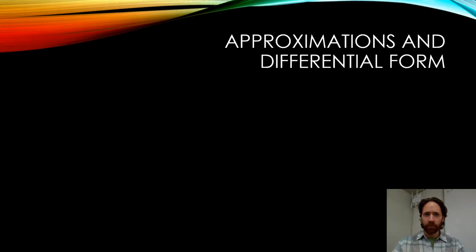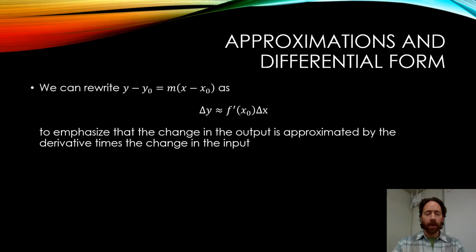And that should be something familiar. We've already done that in Unit 2. So if we want to use a new form to write this down, instead of writing y minus y0, that's really delta y, and x minus x0, that's really delta x. So here I'm using these squiggly equal signs.